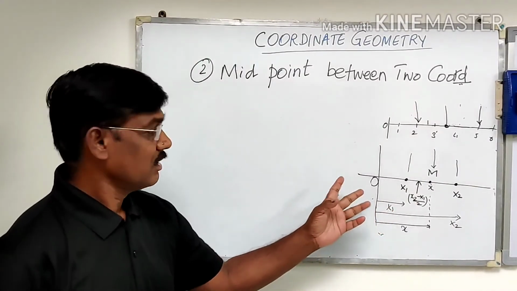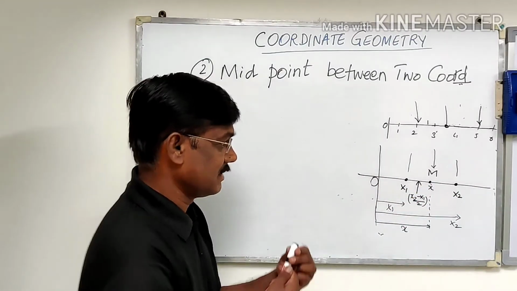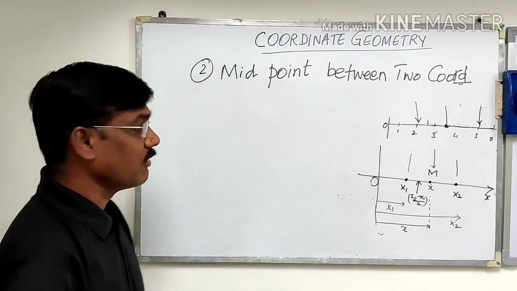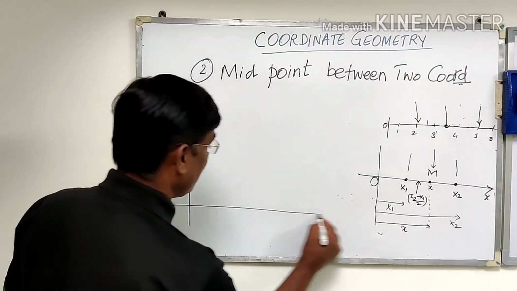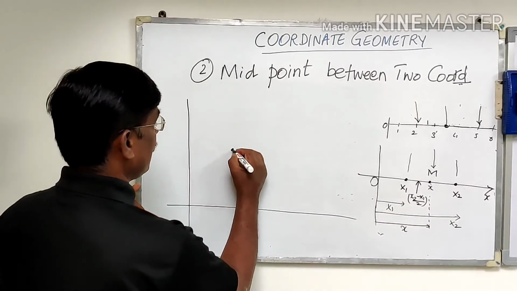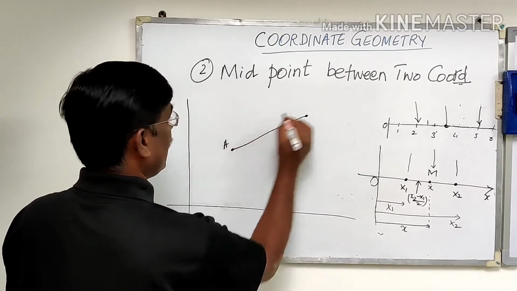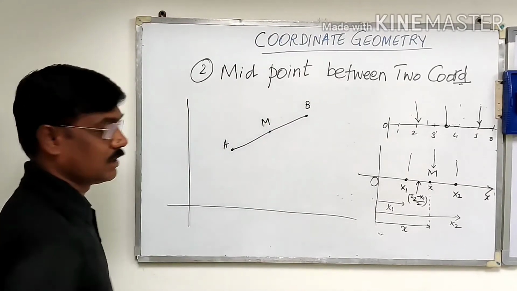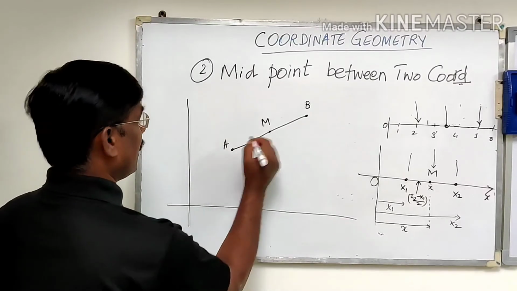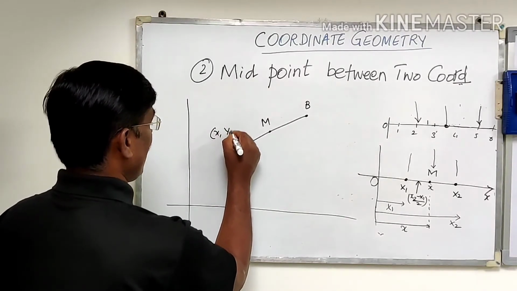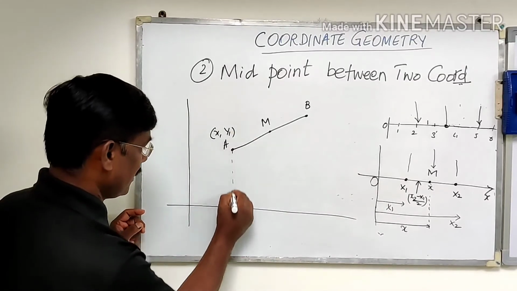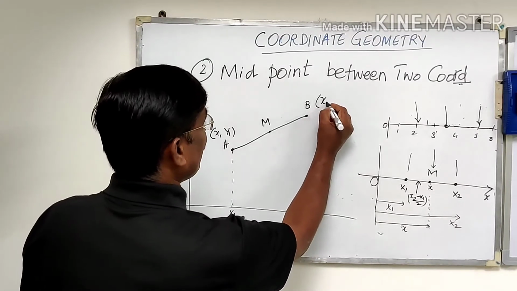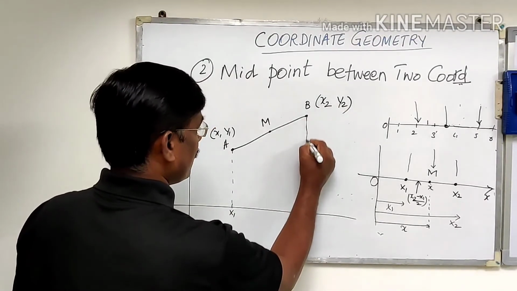In this example, we have seen only the x-axis. Okay, only for the x-axis. Now we will see how to find the coordinate of the midpoint of two points A and B, and this will be the midpoint, let us say M. The coordinate of A is x1, y1, and the coordinate of B is x2, y2.